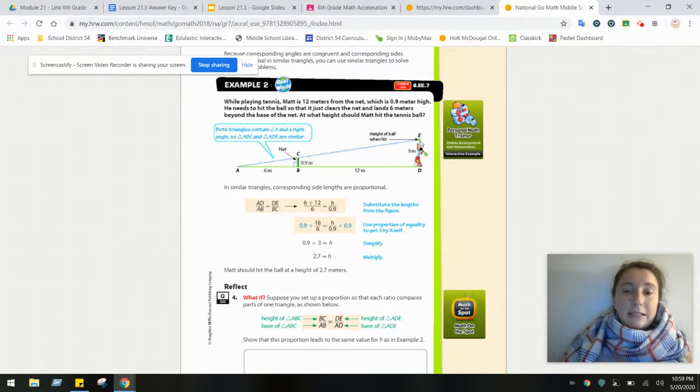That means his height, where he needs to hit the ball from, is going to be 2.7 meters in height. So what we want to do is set all of these values proportional. The length of the entire triangle proportional to the length of the smaller triangle, and the height of what we're trying to figure out proportional to the height of what we know.